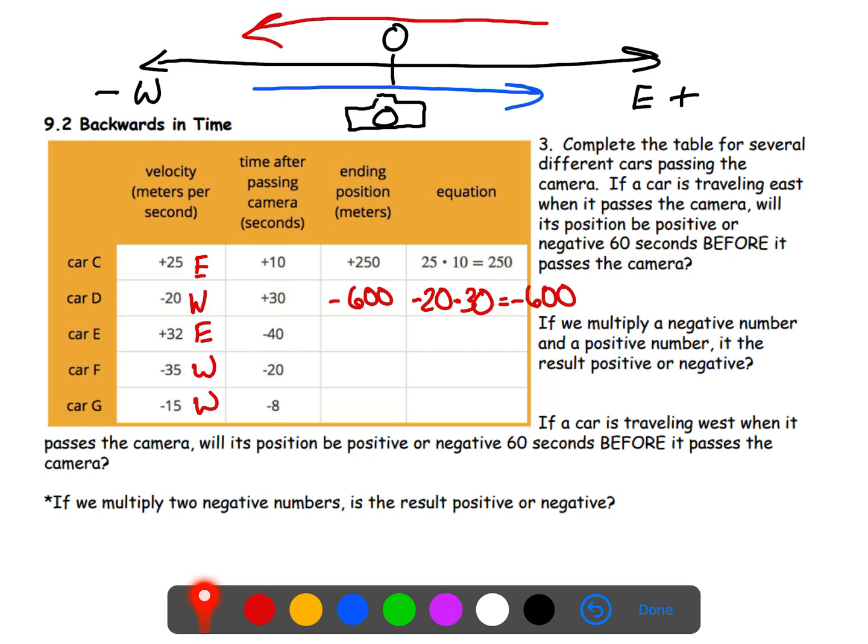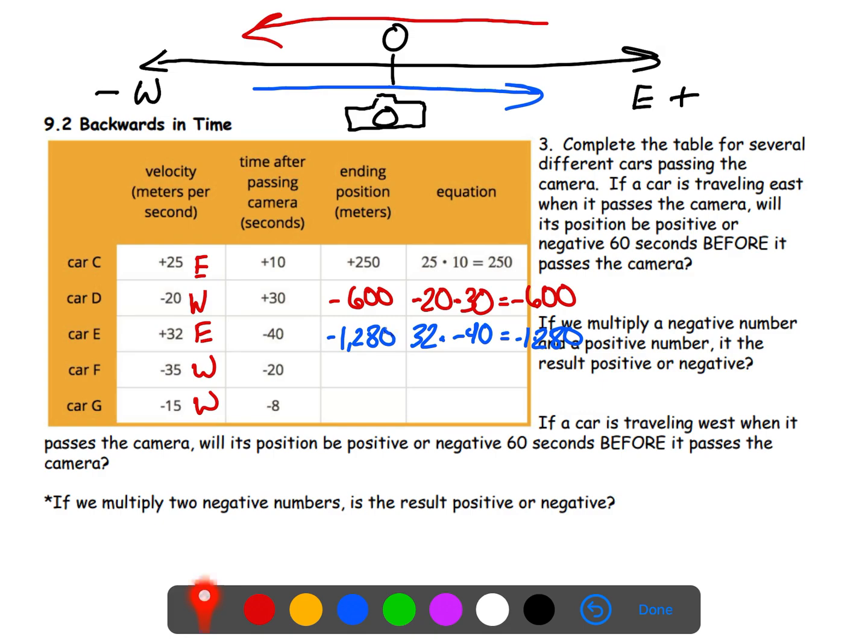So we're going to do the same thing. We're going to follow the same pattern. We're going to multiply positive 32 times negative 40 to equal negative 1,280. Negative 1,280 is the ending position.